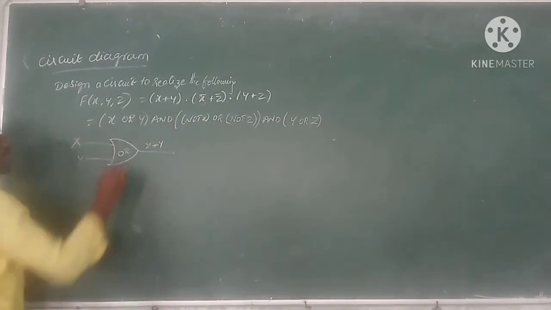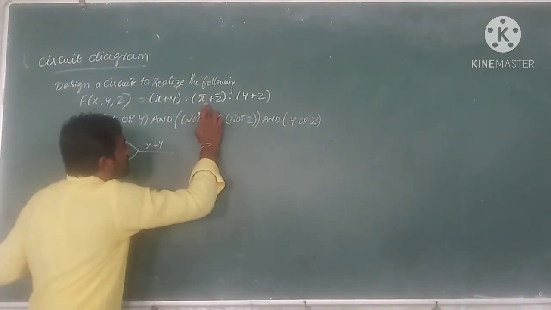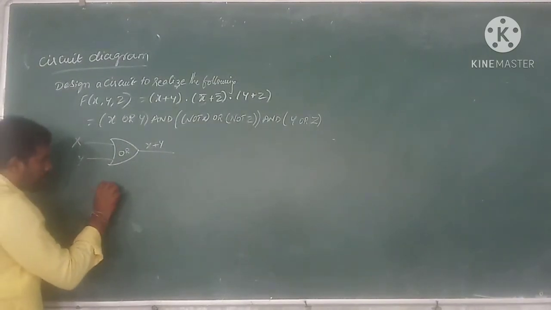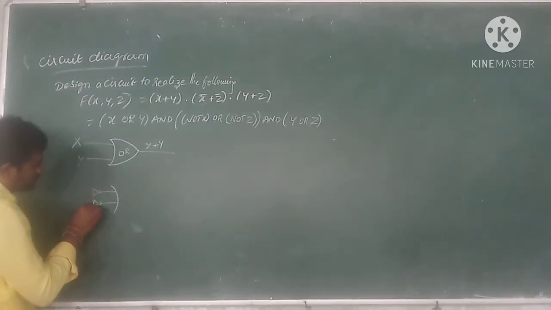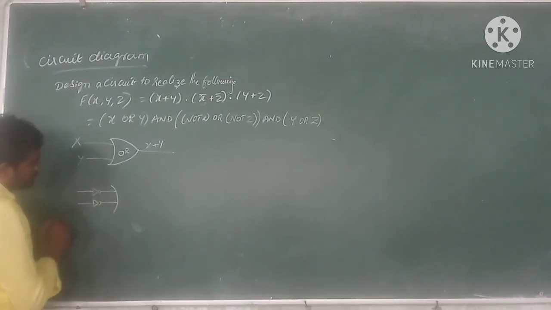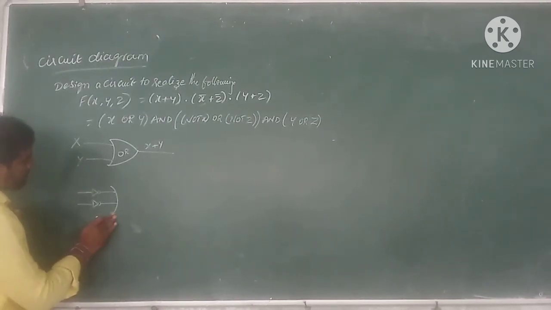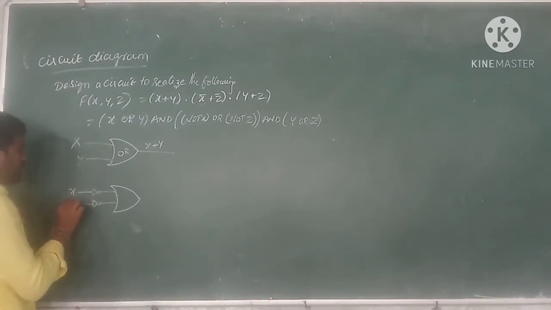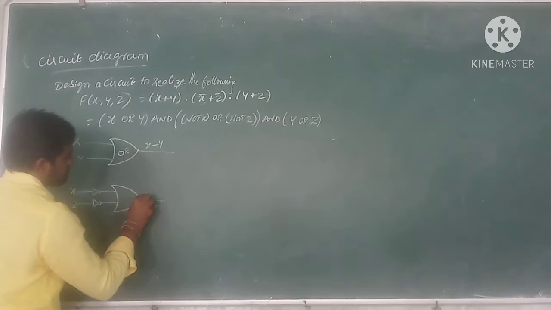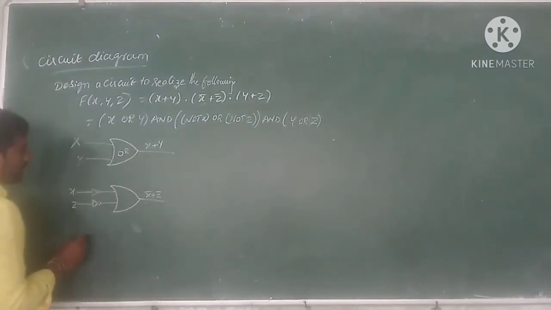Next, we have x complement plus z complement. Here are x and z, then x complement and z complement.